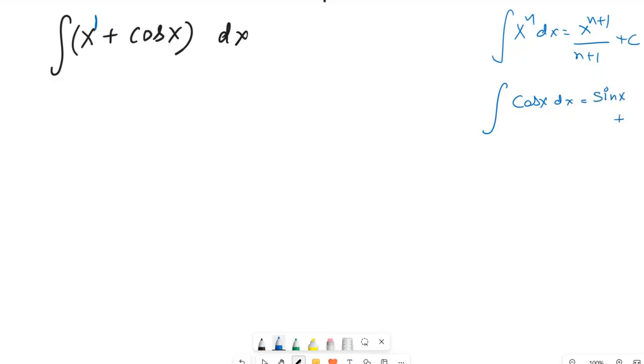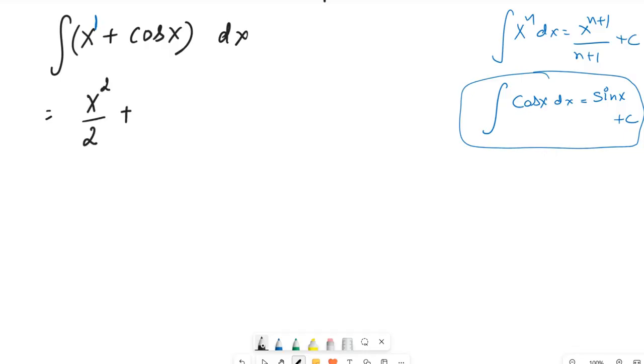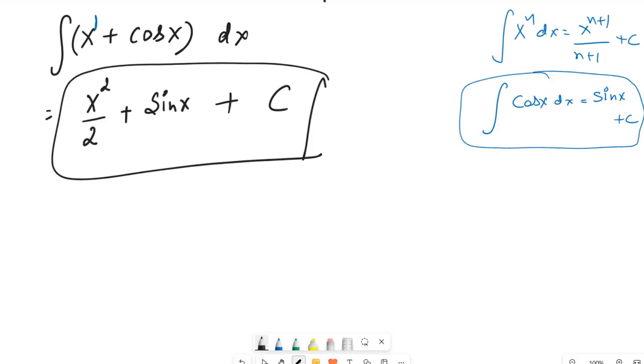Please remember that the integral of cosine is not a negative sign, it's the opposite. So the integral of cosine is sine only. So here x's integral will be power plus 1, 2, divided by 2, plus the integral of cosine, which is sine of x. And once you write the integral, you always need to end up with the constant of integration, c.